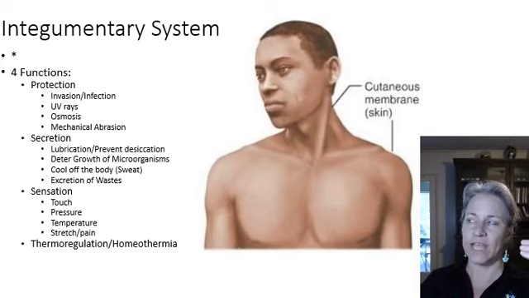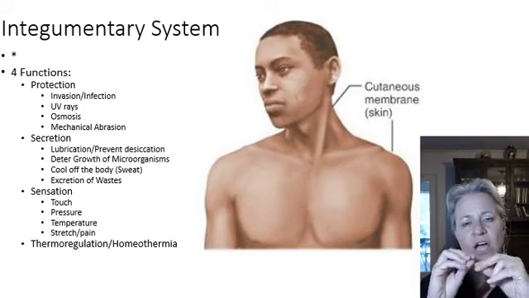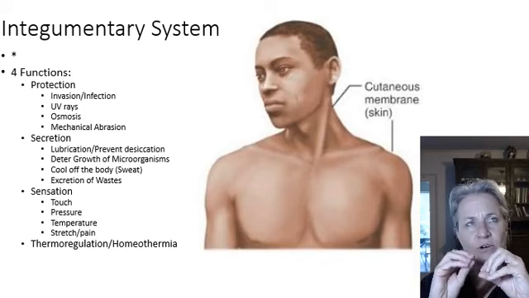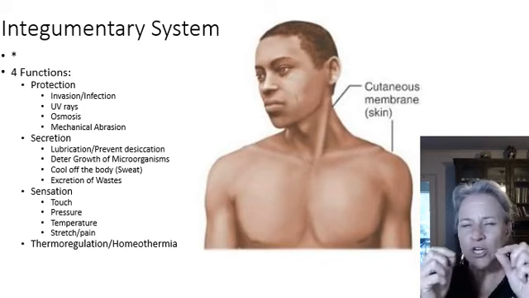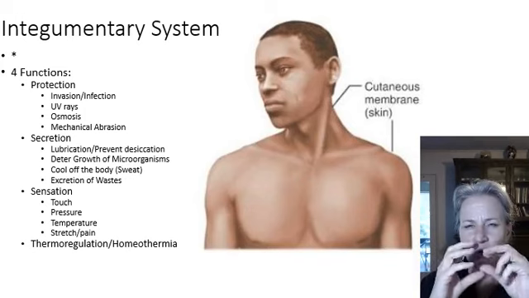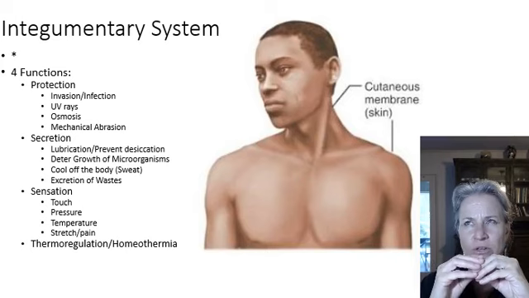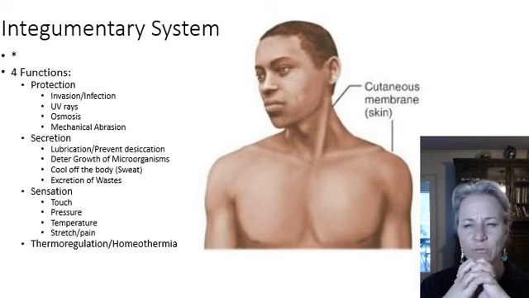But another thing that happens in the dermis is the blood vessels in the dermis will undergo vaso... What is the word? What will those blood vessels do to help with cooling off the body when you're hot? What's the term?